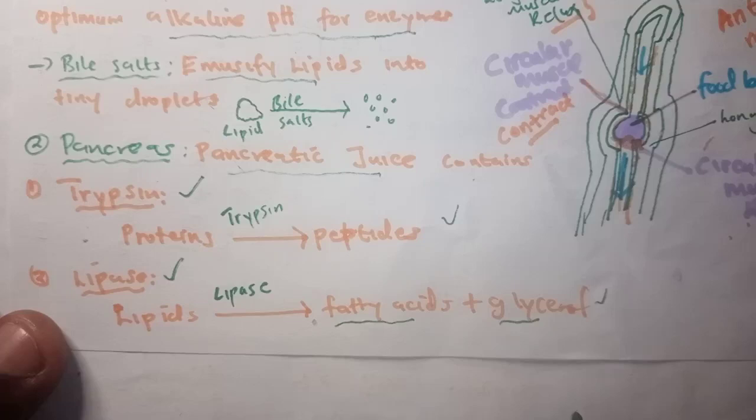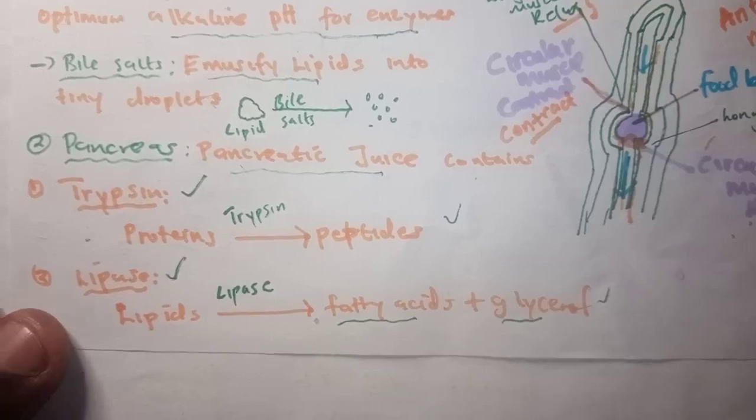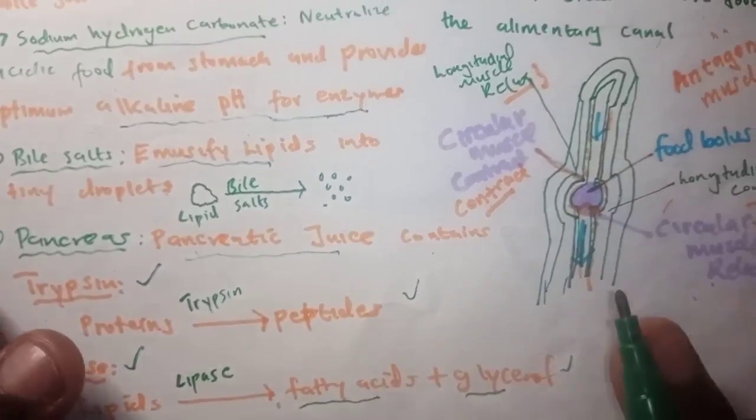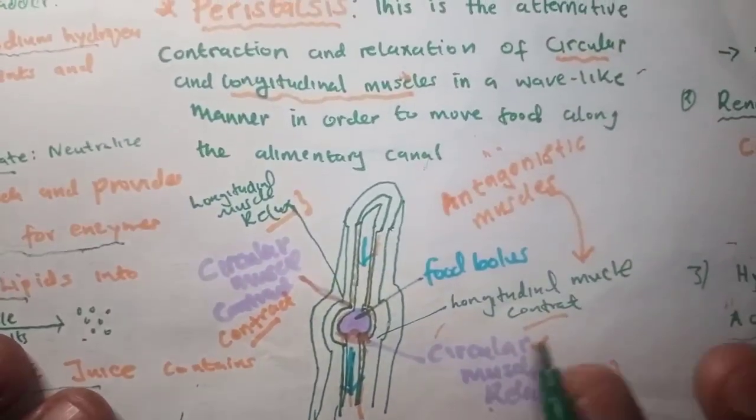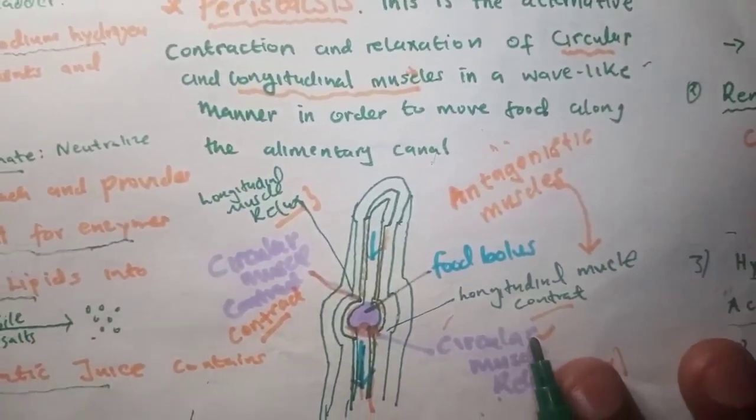The proteins are first physically digested in the mouth, broken down into tiny particles by the crushing of the teeth. And then in the stomach is where chemical digestion takes place. Pepsin converts the proteins into peptides, and then you take it over to the duodenum.